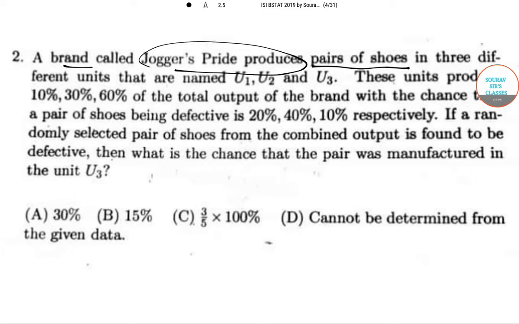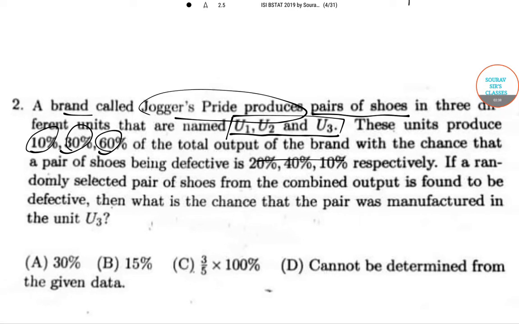The units are U1, U2 and U3. These units produce 10%, 30% and 60% of the total output of the brand, with a chance that a pair of shoes is defective being 20%, 40% and 10% respectively.